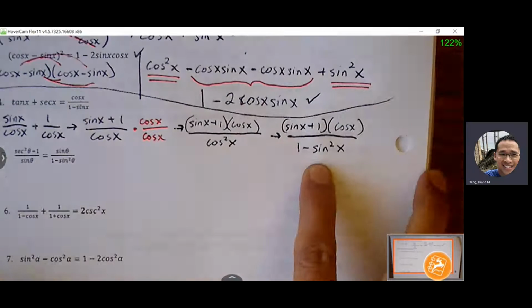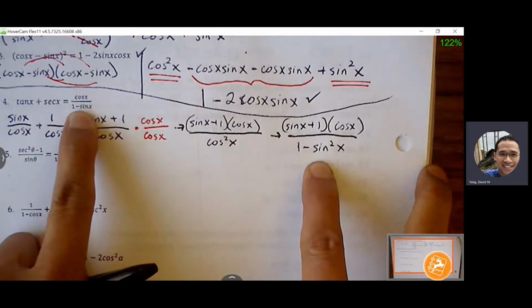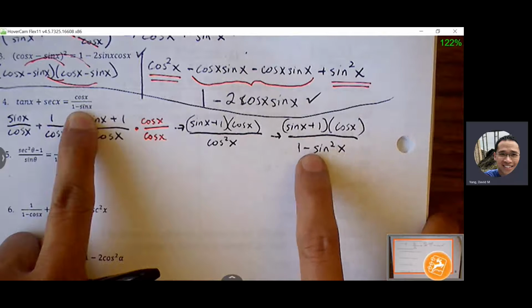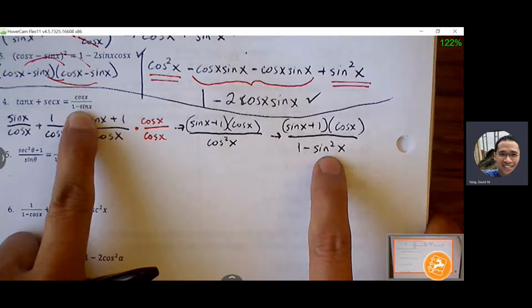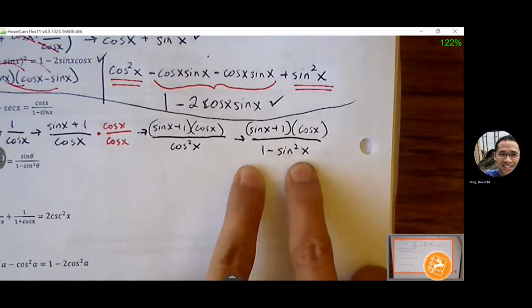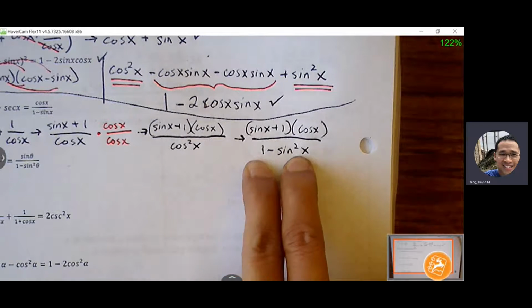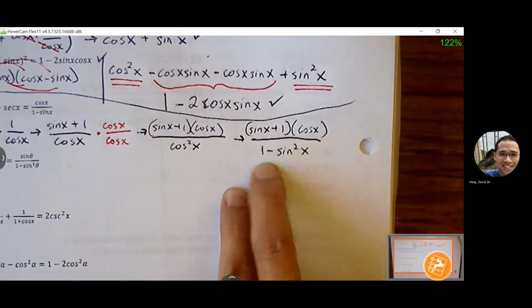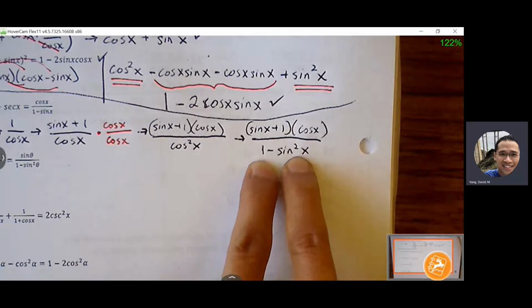The reason why we're doing that is because we keep looking at our goal and we're not quite there. At least the denominator showing the sine. I want to keep this in terms of sine. I don't want that cosine squared there.